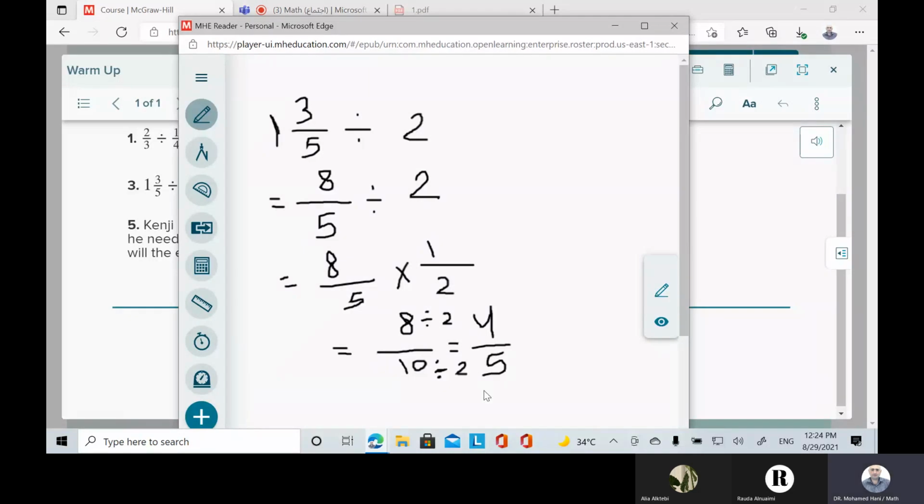4 over 5. Is this form simplified? Yes, because the GCF between 4 and 5 will be 1. The GCF between 4 and 5 will be 1. Who has any question here?